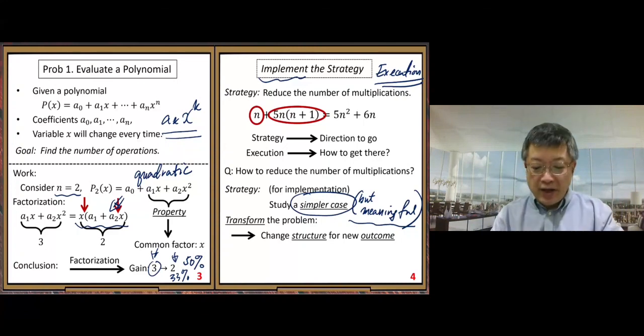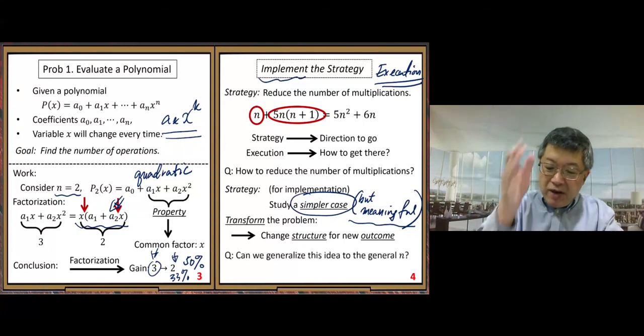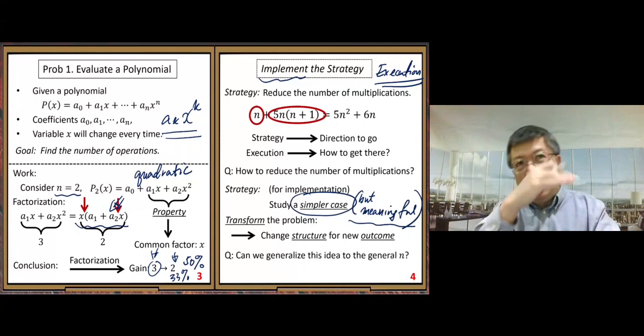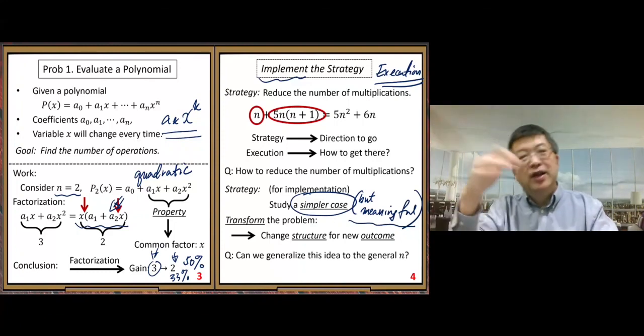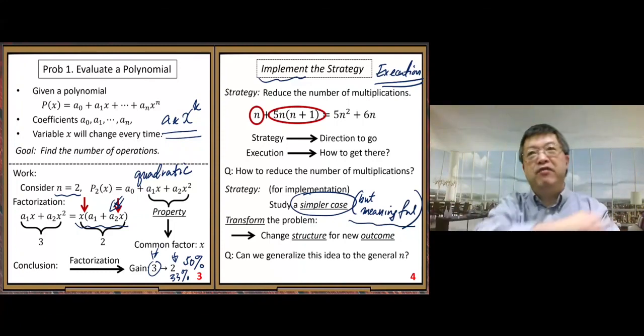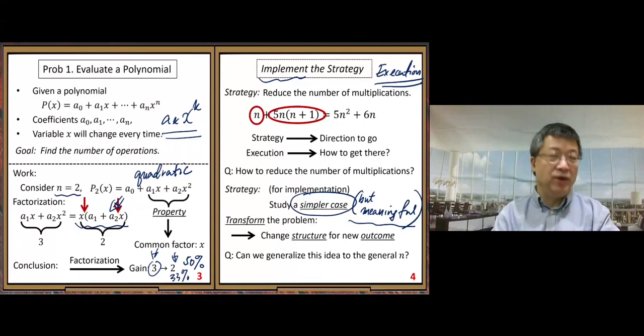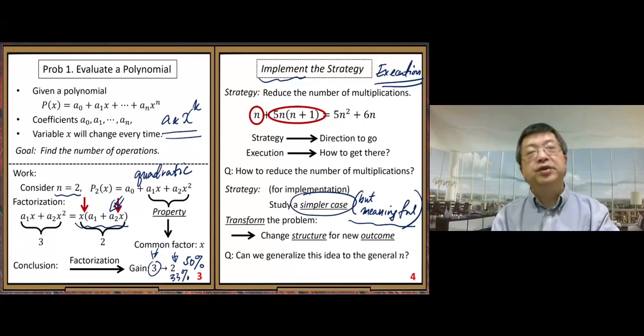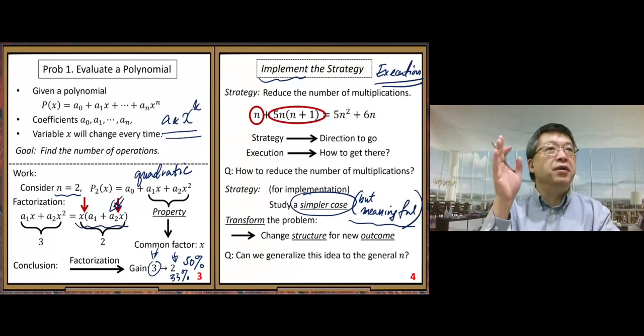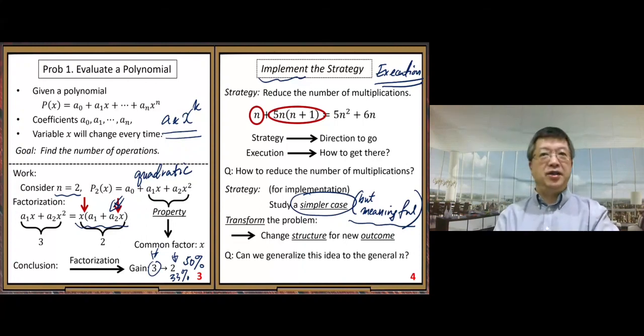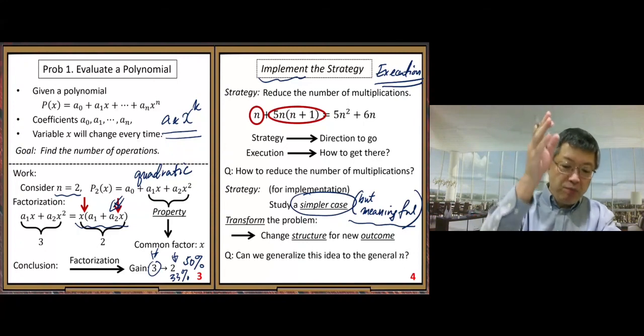So our next question: can we generalize this idea to the general n? In our next video, we will do this. We will do the generalization, and we want to find the final answer. All right, so let's stop here, our B.2.